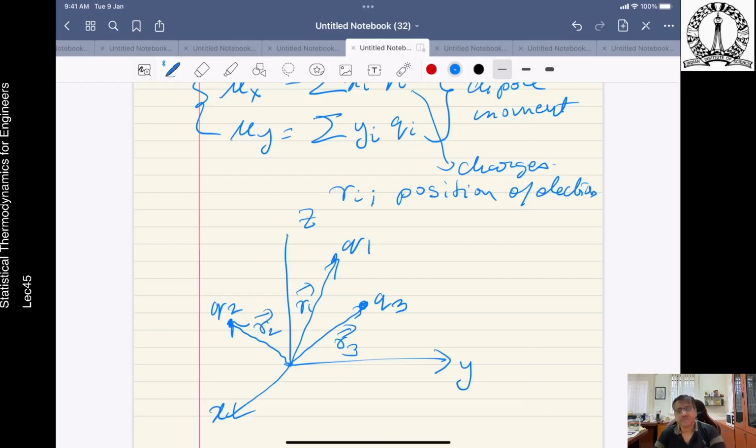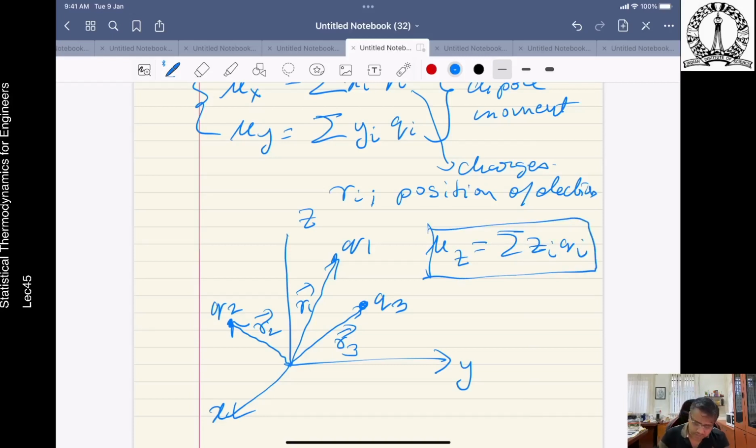So they are located at different places. And then of course there's a mu z also, which is summation of zi Qi. So this is also given, where xi, yi, zi are the coordinates of particle i relative to the center of mass of the molecule. Right, center of mass of the molecule, and these are the positions of the particles.